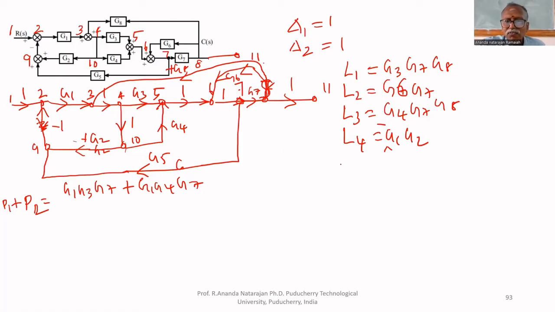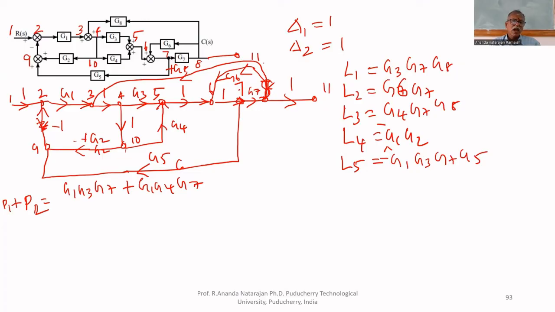One more feedback, L5. L5 equal to G1, G3. I am following this: 2, 3, 4, 7, through G5 I can come. G1, G3, I cannot travel this way. Therefore, G1, G3, G7 and G5. That is one more, G5.